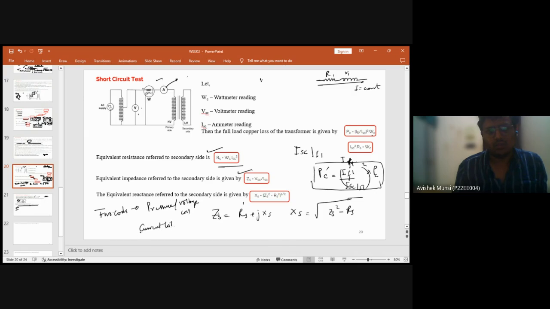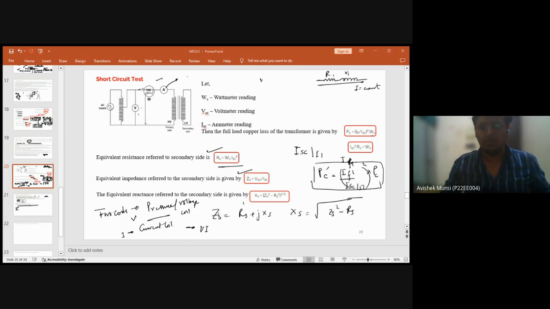We have to calculate the power from the wattmeter, that is V into I. The pressure coil measures the voltage, and the current coil measures the current. So you can see that the wattmeter has one terminal in series and another in parallel. It behaves like a voltmeter and ammeter combination.